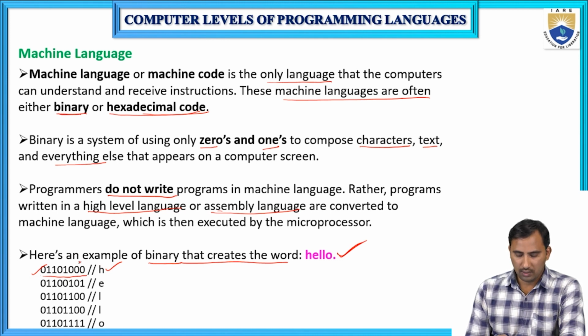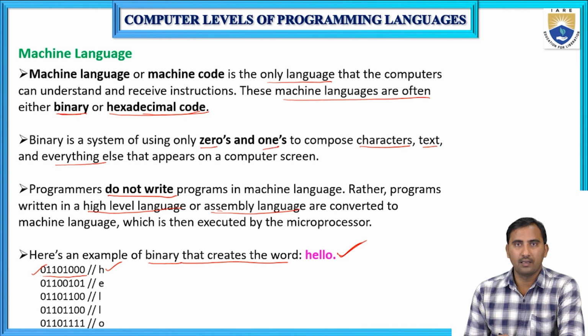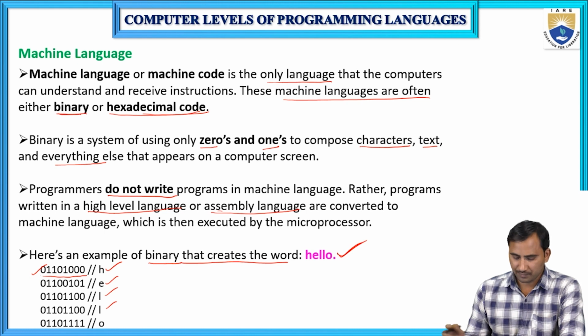If you look at that binary code, we cannot say what it is. It is very difficult to read and write, which is why machine language is very difficult for writing programs. Similarly, E, L, O can be represented like this. These are the ways of representing binary code.